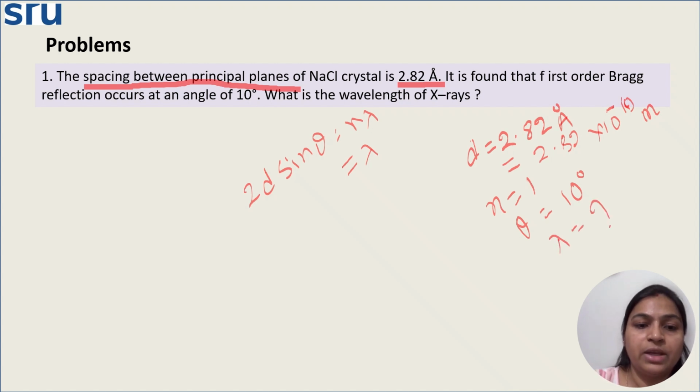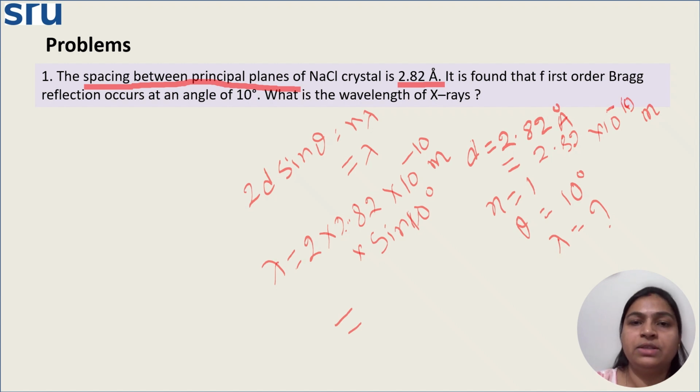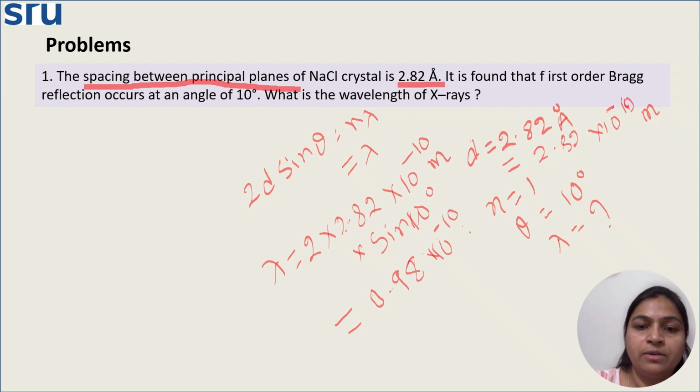So lambda is equal to 2 times 2.82 times 10 to the power of minus 10 meter, multiplied by sine of 10 degrees. If we simplify this, we get 0.98 times 10 to the power of minus 10 meter.